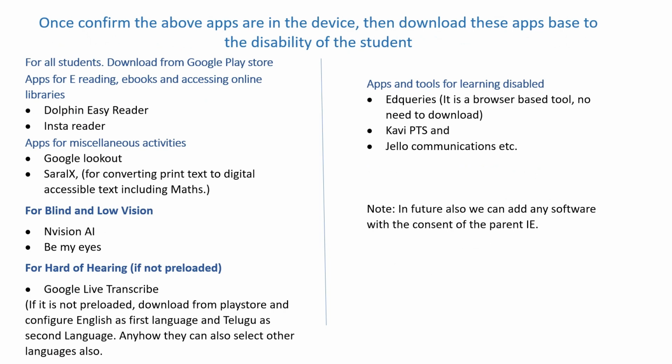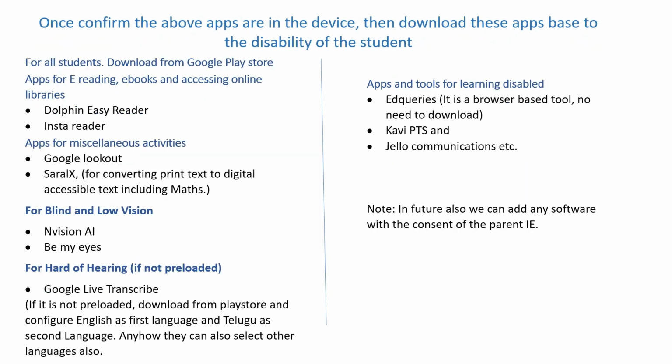Other apps and tools for children with neurodiversity. One is EdQueries. EdQueries is not yet released as an app, but it is a browser-based tool, so no need to download. What you can do is go online in Google Chrome and type www.edqueries.com, then check whether it is coming into Google Chrome. Once it comes into Google Chrome, it has been an authorized browsing site.